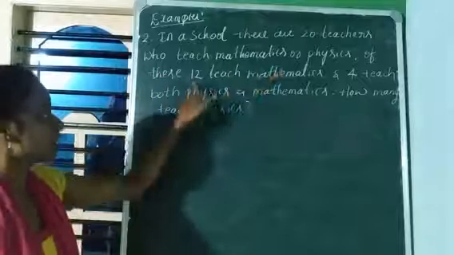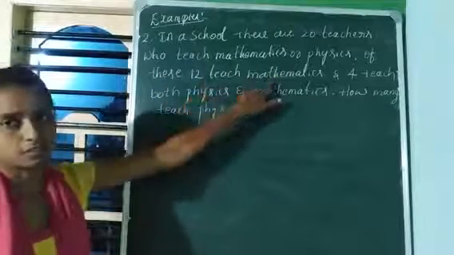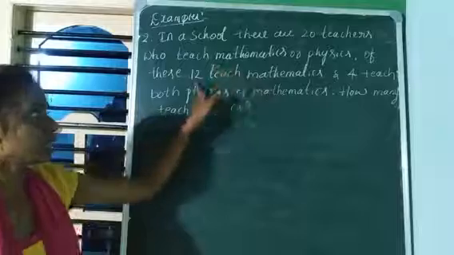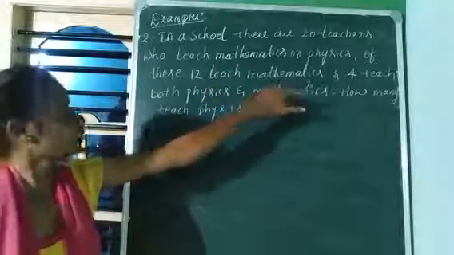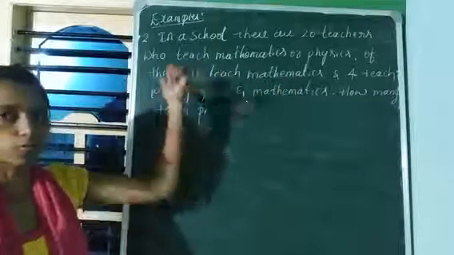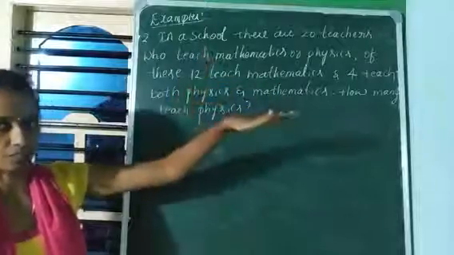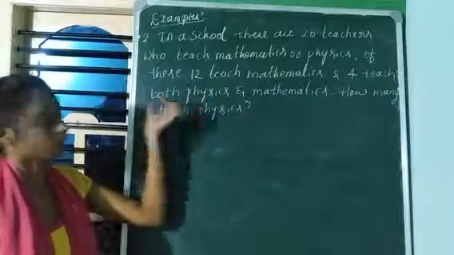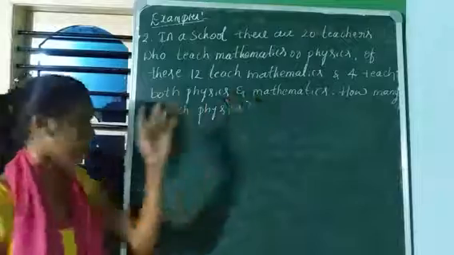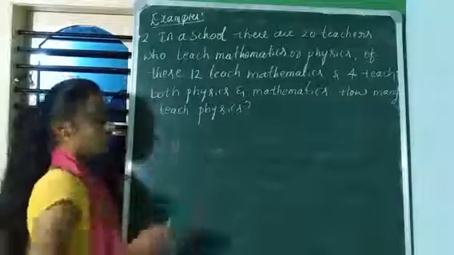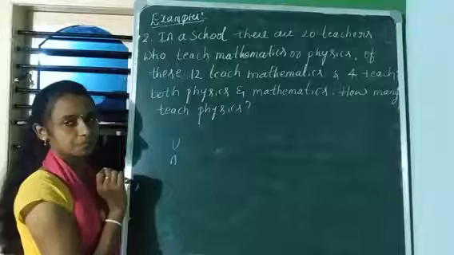Now, of these, 12 teach mathematics. Okay, out of 20, 12 teach mathematics, 4 teach both. Both is nothing but you need to take the intersection.